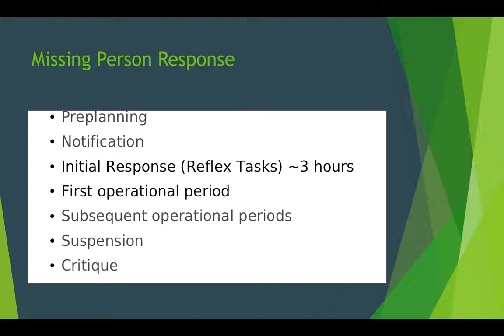The initial response, these would be the initial tasks, possibly happening for the first 3 hours, are those that get the search underway immediately, while the first operational period and subsequent operational periods are planned and implemented. Finally, and hopefully with the successful conclusion of a search, the suspension of a search occurs, and then there ought to be a critique component where everyone debriefs about what has happened, what can be done better in the future.